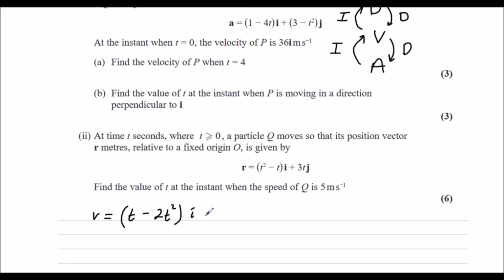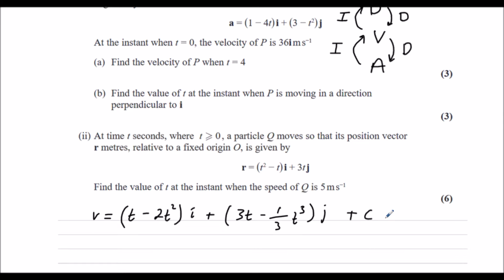That's our i's. Same for the j's. So 3 will become 3t, and minus t squared, add 1 to the power, will become t cubed, divide by the new power, divide by 3, or you could write 1/3. So either t cubed over 3 or 1/3 of t cubed. That's our j's, but when we integrate, we also need to add + c.